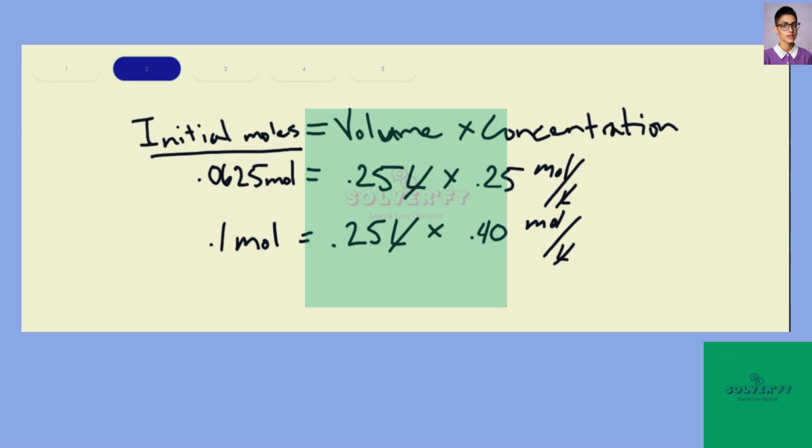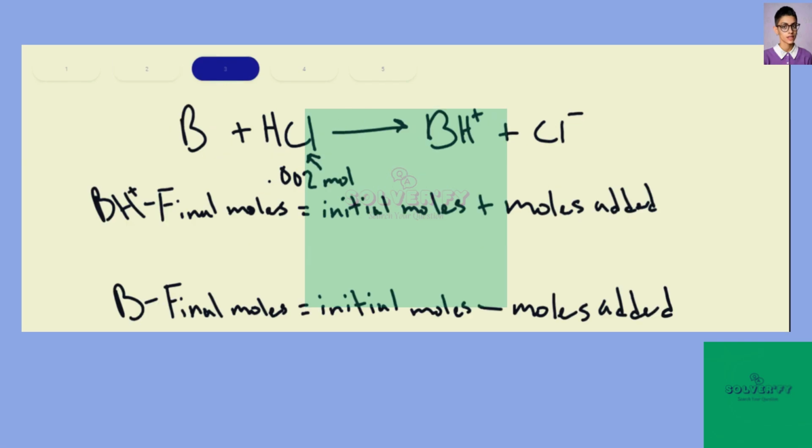Okay, so then we take these answers and we move here. When the hydrochloric acid is added, this is the equation, and so essentially what is happening is you add the acid and it goes into the base component of the buffer, and so you subtract, as I've indicated here, this is the base, the B. So you subtract the initial moles minus the moles added.